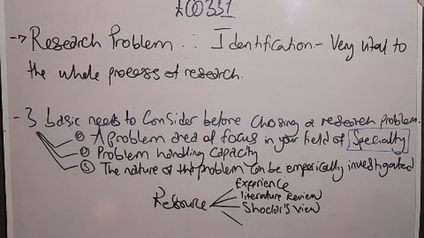We talked about this already, the nature of the problem, whether it can be investigated. It says a problem of research should be suitable, meaning that your research can be investigated. It has to do with reality and it can be investigated easily.